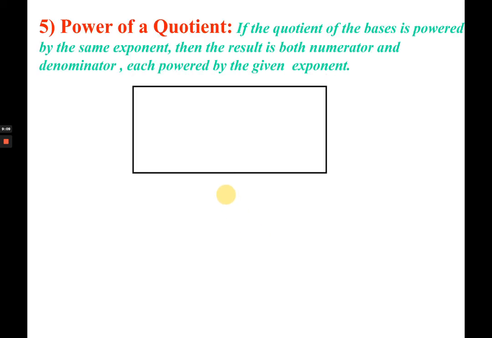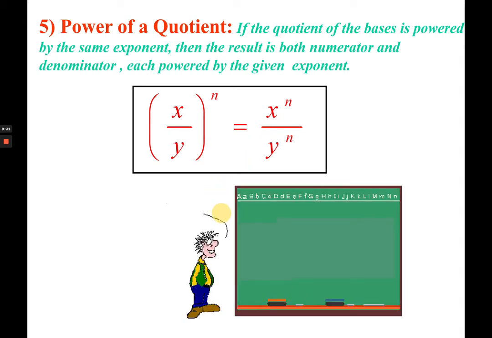Here's another power law. The first one was a product. This time it's a quotient. If the quotient of the bases is powered by the same exponent, then the result is both numerator and denominator, each powered by the given exponent. So both on top and below will be powered by that exponent. And here is your example.